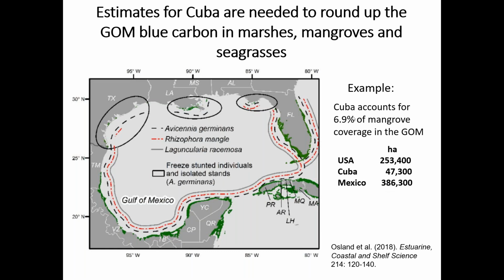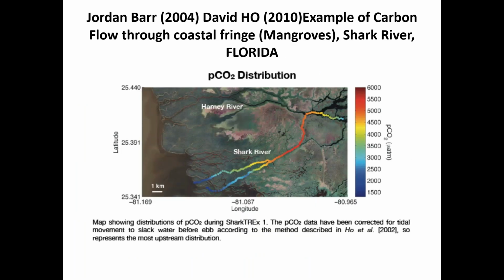That means that Cuba accounts for 6.9 of the mangrove coverage in the Gulf of Mexico. This will change the contribution of mangroves by about that amount, and let's see what happens with seagrasses particularly. So now I will leave this presentation to Anita.